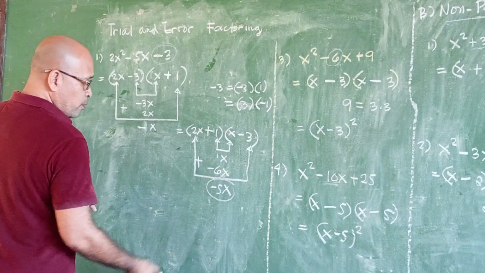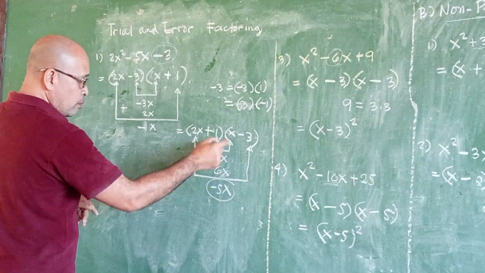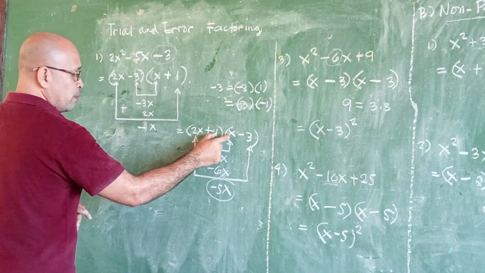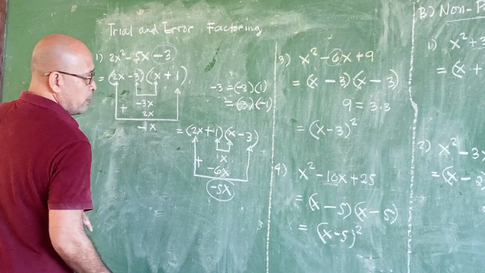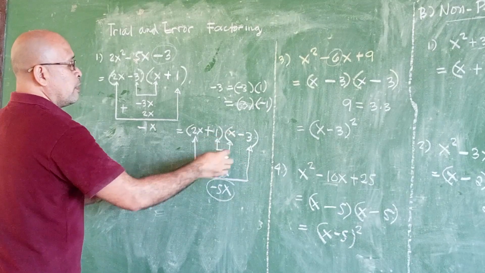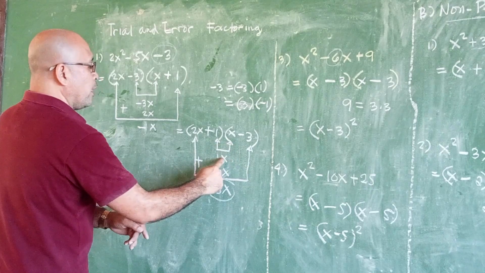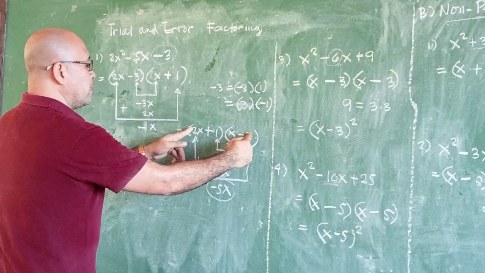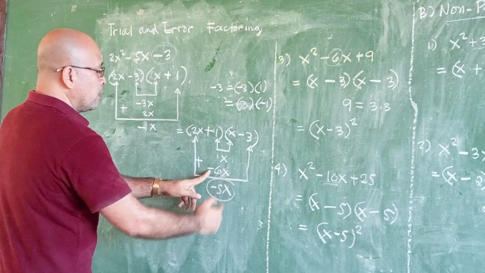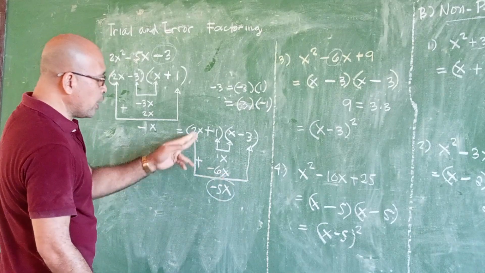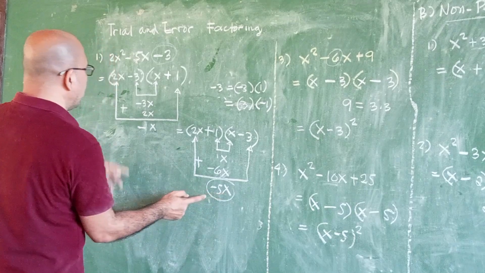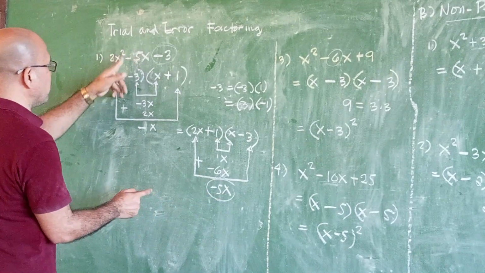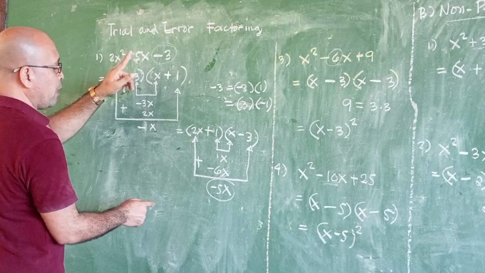The result, when we multiply the inner terms, is x, and when we multiply the outer terms, the result is negative 6x, and after that we add, the result is negative 5x. And it matches the middle term here, which is also minus 5x.